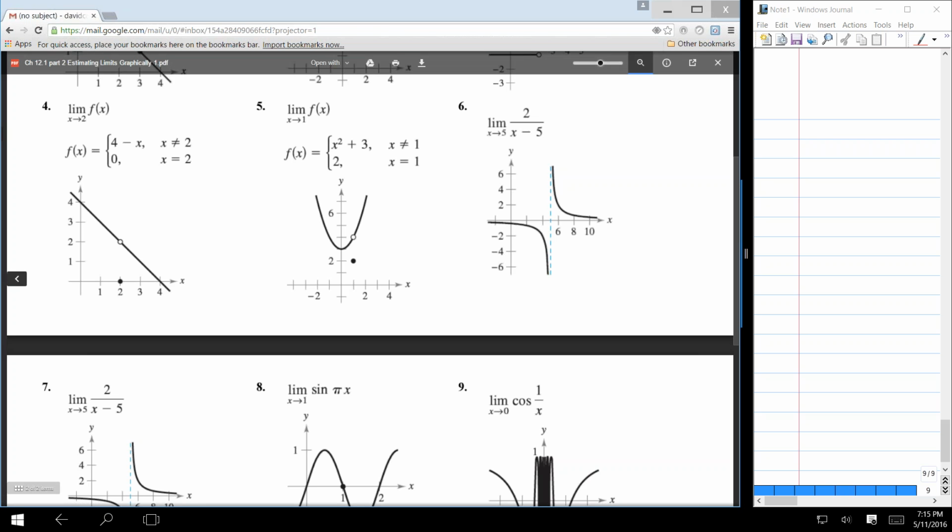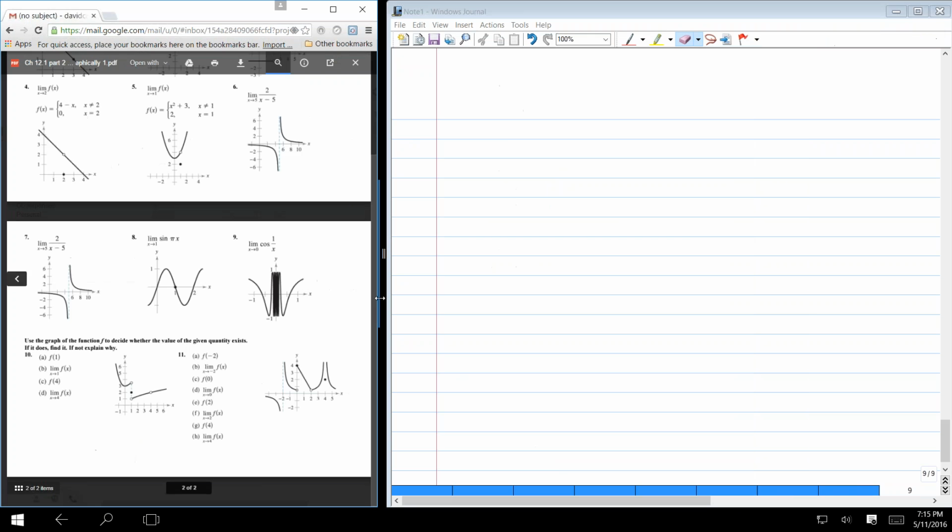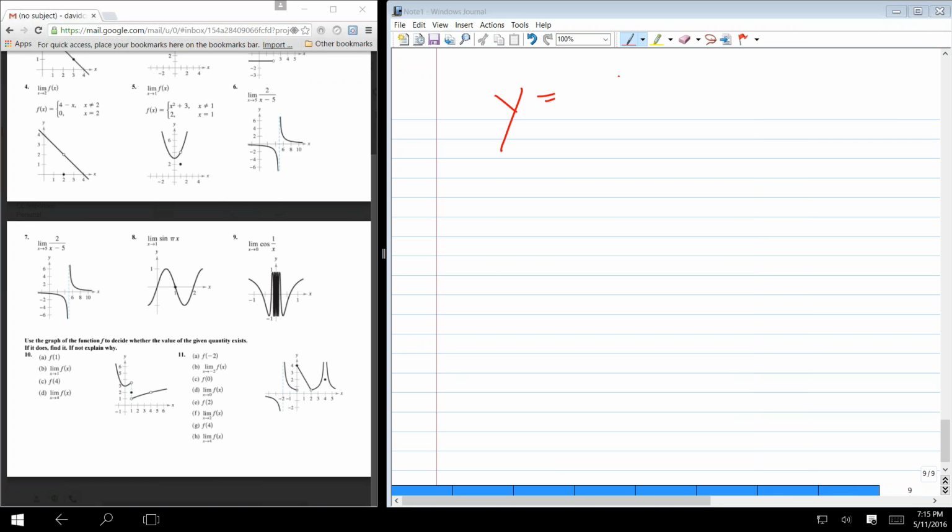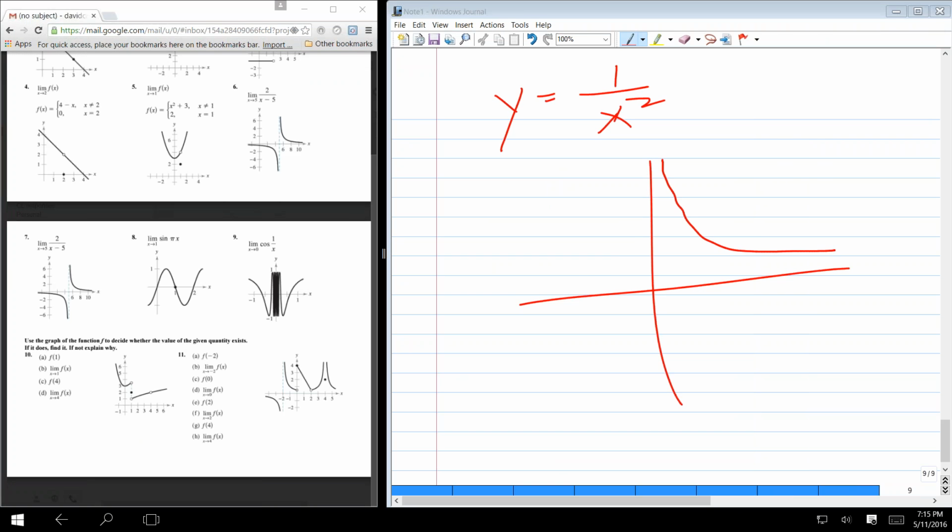Unless I have the following situation, which is if I had y equals 1 over x squared, that's a little different. Because now that looks like this. I still have a vertical asymptote, but the limit from the left as x goes to 0 is positive infinity.